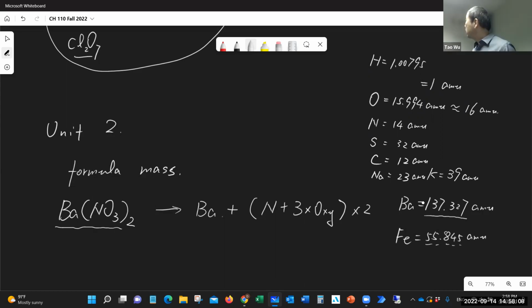Okay. So if you look at sulfur, sulfur is 32.066. Then you see, this has a 0, so I usually just round this to 32. That's it.